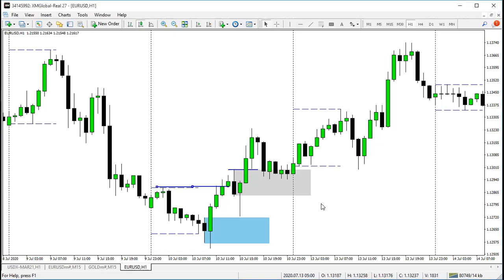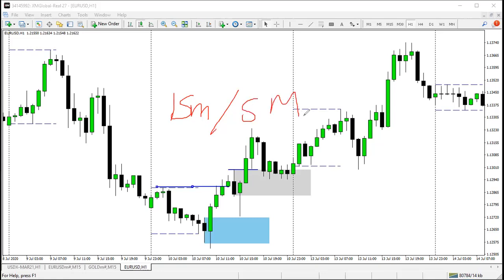Now, this is the first time I'm going to teach you about lower time frame. Now, how do you know that price is going to respect your order block? How do you know that price is respecting your order block? What you want to see is a 15-minute or 5-minute type 1 or 2 reversal in that order block, inside the order block.